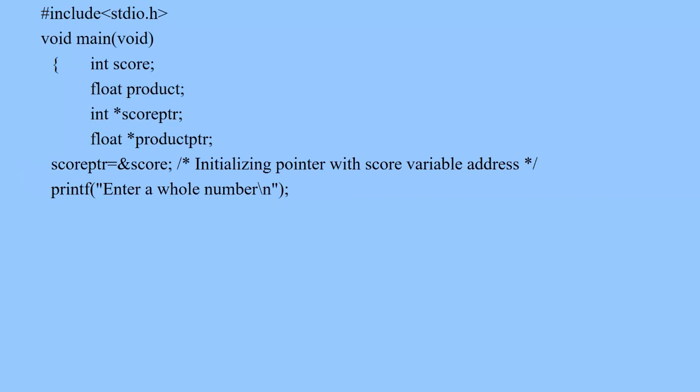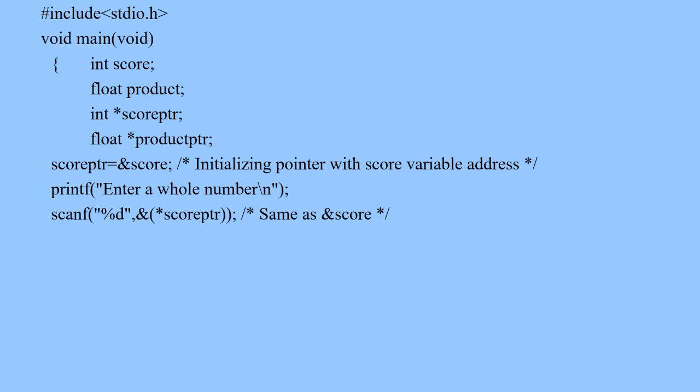So if we write out a statement like enter a whole number, and then we read a value, or you input a value, that value will be picked and then stored in the memory location which is being pointed to by the pointer called score pointer. Remember, currently score pointer contains the memory address of the variable called score.